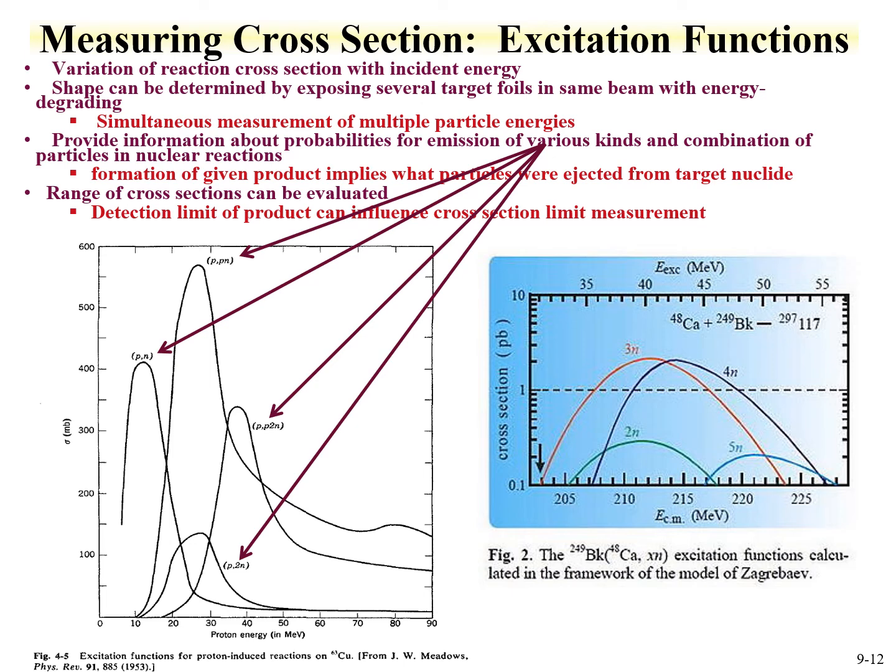If I put in a number of different copper foils and I expose this to a single beam, each time that beam passes through one copper foil, it'll decrease in energy. So I can evaluate different energies and obtain data from multiple reactions at a given time.